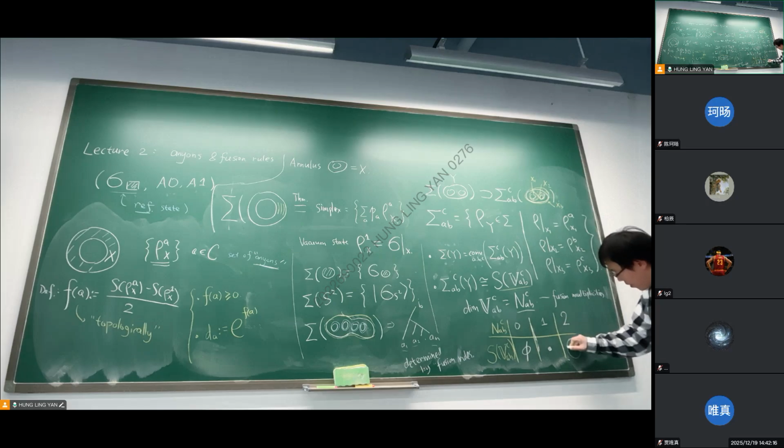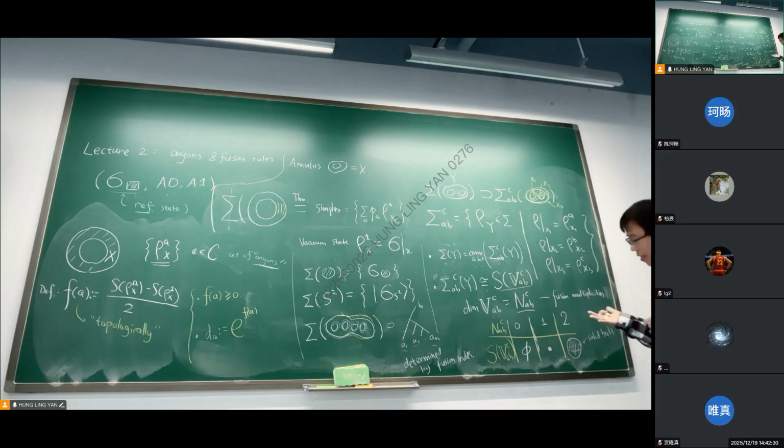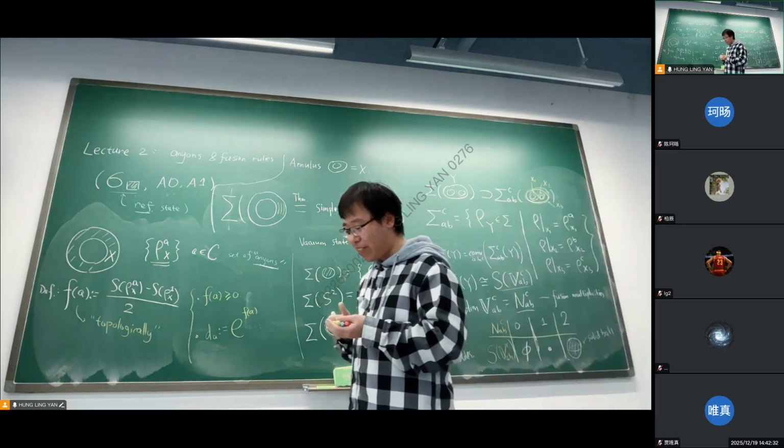That's famously known as a Bloch sphere. So you have a two-dimensional sphere with the interior, so it's a solid ball. Yeah, so that's a picture we should have in mind.